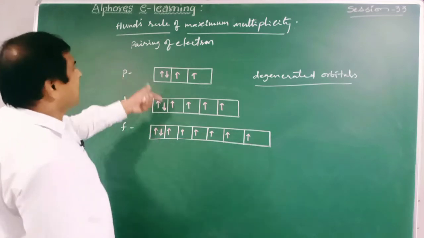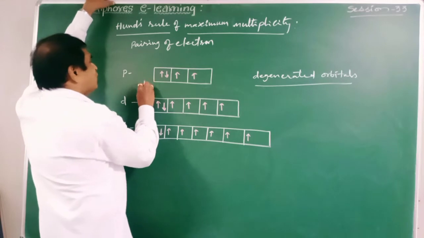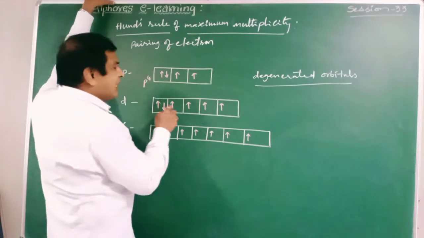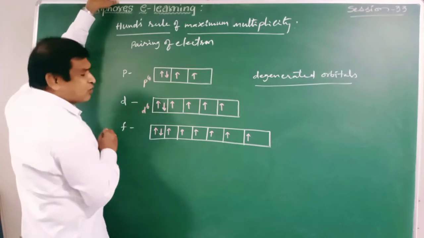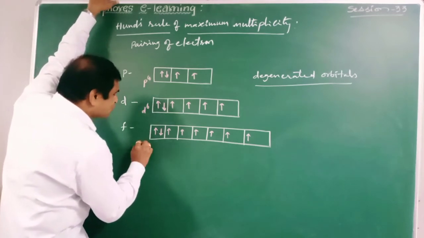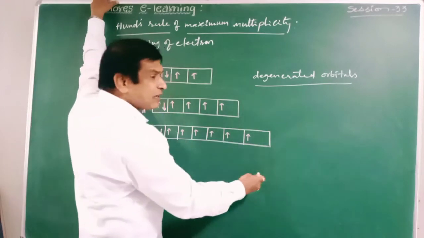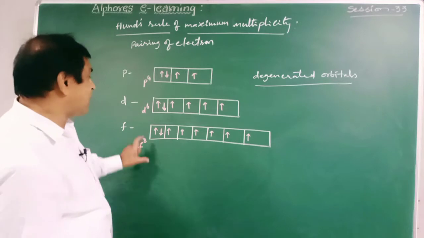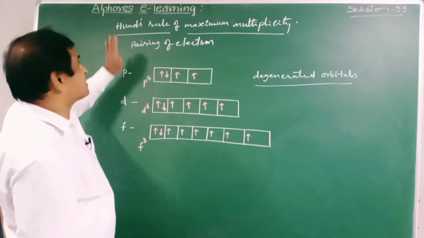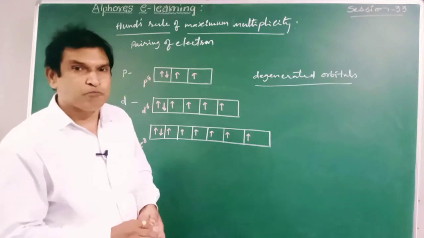So in p orbitals, pairing starts with the 4th electron. In d orbitals, pairing starts with the 6th electron. In f orbitals, pairing starts with the 8th electron, because 7 orbitals are filled with parallel electrons, then the 8th electron starts pairing. That is the concept of Hund's rule of maximum multiplicity.